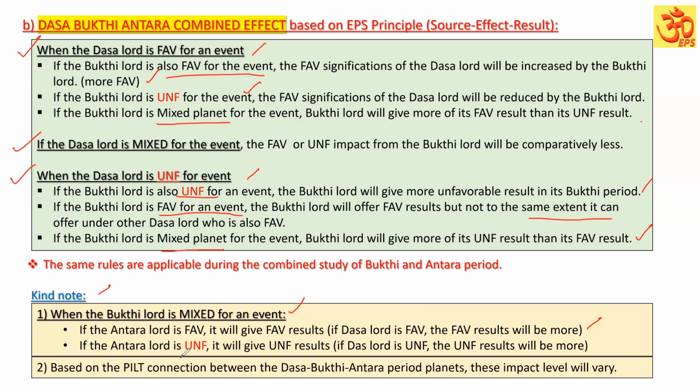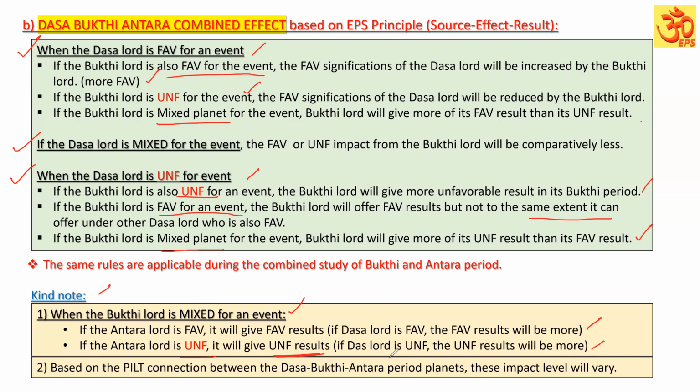Suppose the Antra Lord is unfavorable under the mixed Bugdi. The unfavorable Antra will give unfavorable results. If the Dasa Lord is also unfavorable, the unfavorable result will be more.